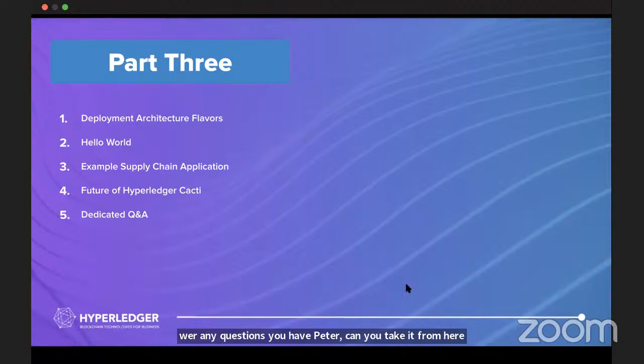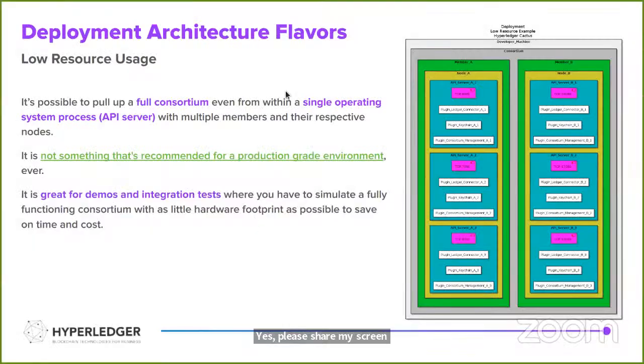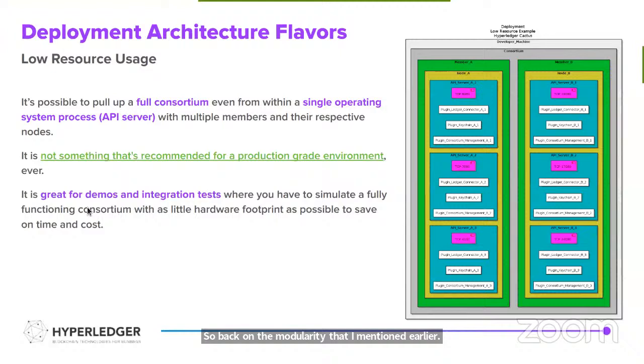Yes, please let me share my screen. So back on that modularity that I mentioned earlier, there are two slides here to highlight that further. There's a low resource usage deployment flavor, and there's a production deployment flavor.